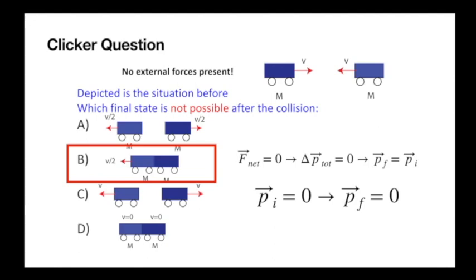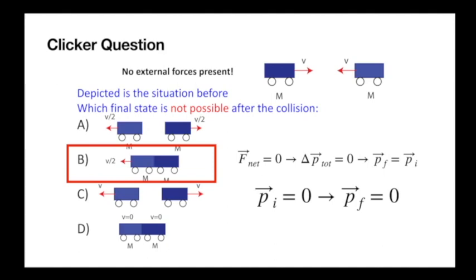Kind of. We'll talk about this more next lecture. It has to do with a loss of kinetic energy. So momentum is clearly conserved in A, C, and D, right? They have the same initial and final momenta and make sense, but the total kinetic energy is not staying the same. So we'll go there next, but different situations can result in different losses of kinetic energy.